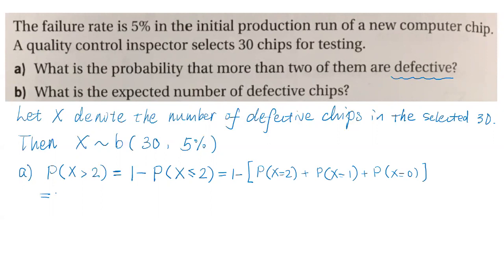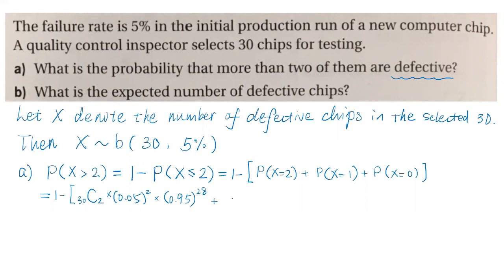Okay, so here we are going to calculate the probability of X being 2 according to the binomial formula, which is C(30,2) times 0.05 to the power 2 times 0.95 to the power 28.